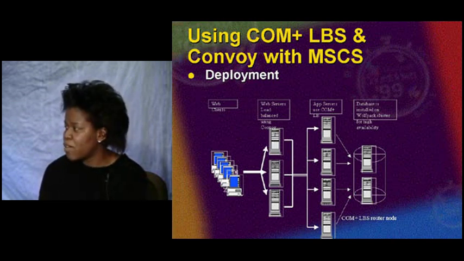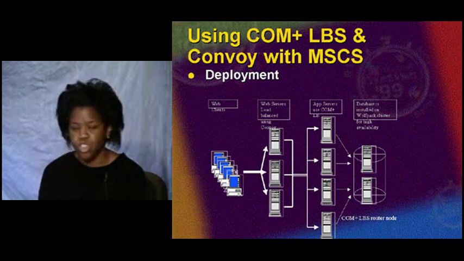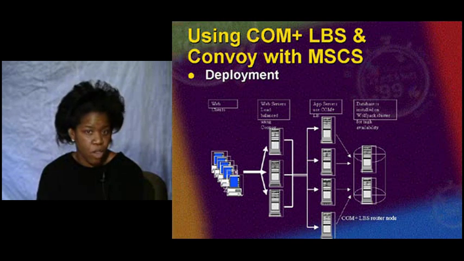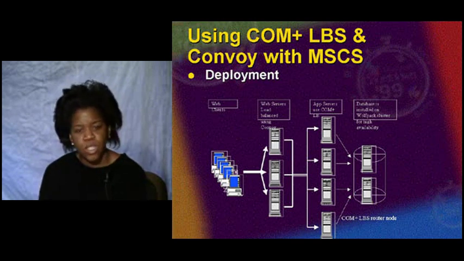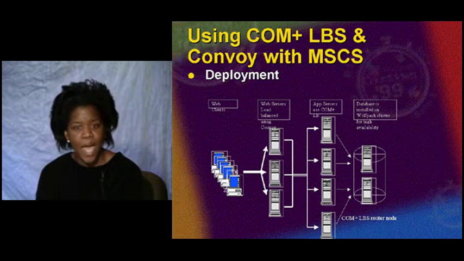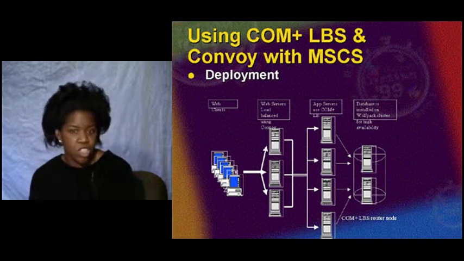The main way of doing this is, if you look at the screen here, you have a web client that potentially is coming across the internet, and it goes into your Windows load balancing server, which is really basically IP failover. And then the next tier is where the component load balancing scenario comes in, because here you have what we call the application clusters.